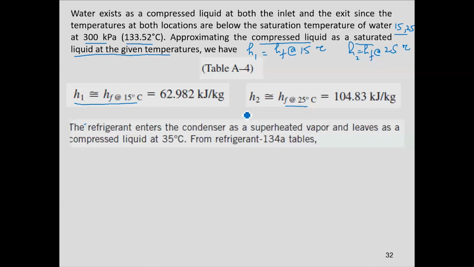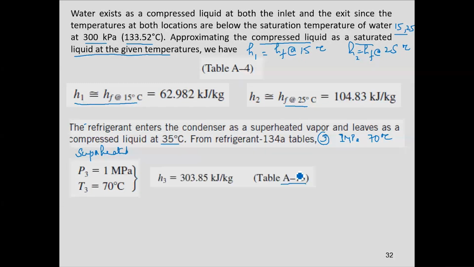For refrigerant R134a, you will go for the first condition. The refrigerant enters the condenser as superheated vapor at 1 megapascal and 70 degrees centigrade, and leaves as compressed liquid at 35 degrees centigrade. For the inlet condition, if you look up the properties in the table, you'll see that it is in the superheated region for R134a.